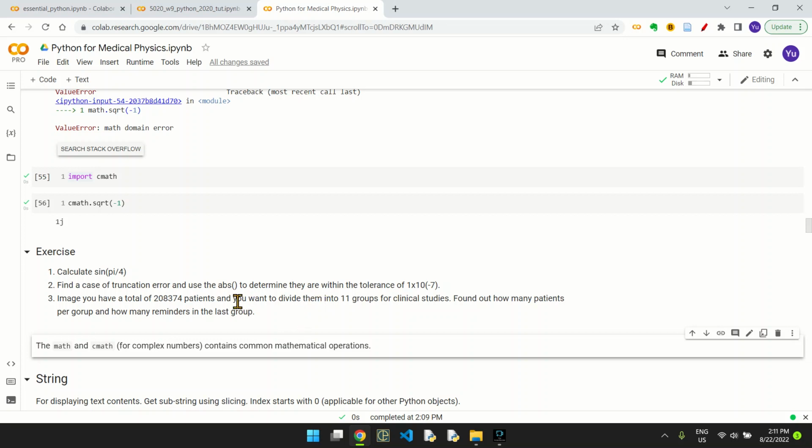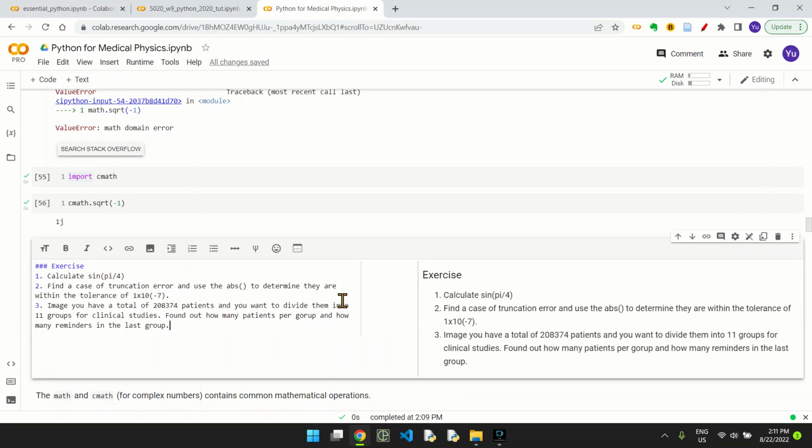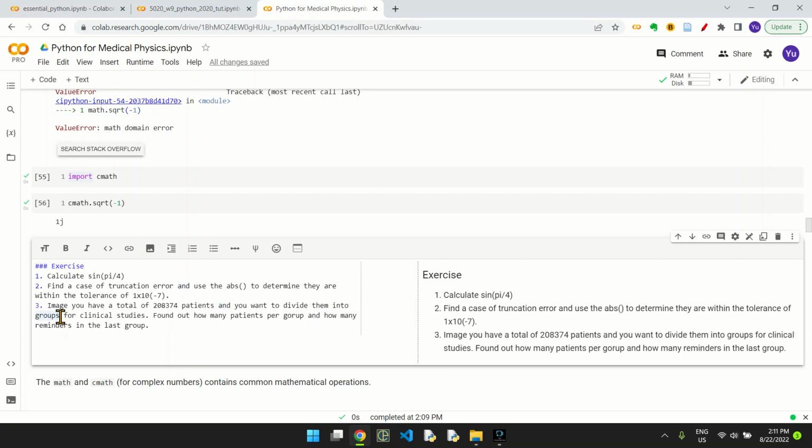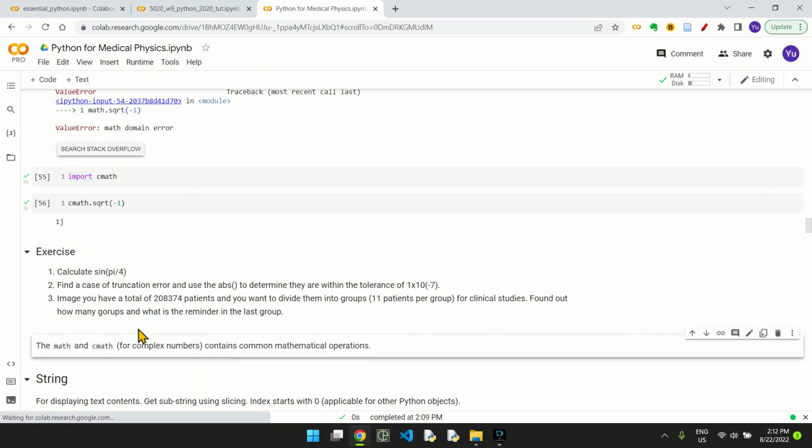Right, so what it means is they want to divide this into, sorry, this is probably the wrong question. Divide them into groups, and let's say 11 patients per group, and then find out how many groups there are and what the remainder is in the last group.